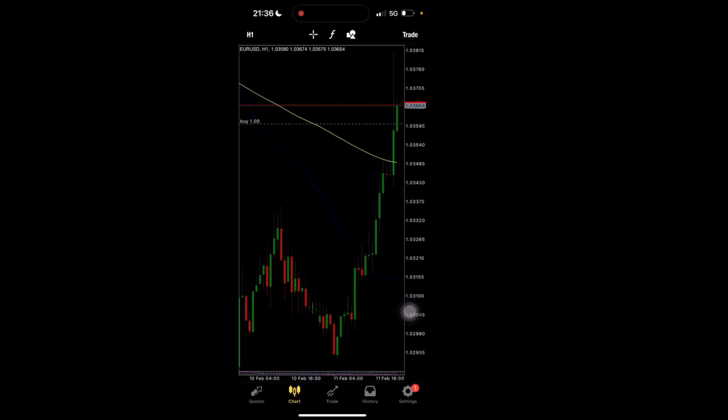So a stop loss for a buy trade needs to be below the entry or below the current market price. Once price moves above the entry, yes, you can set a stop loss above the entry, but it has to be below current market price for a buy order.